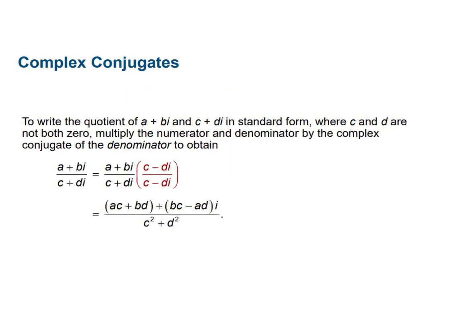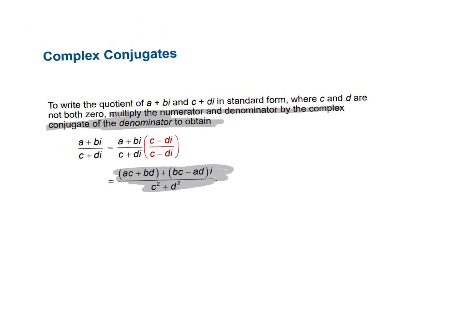So to write the quotient of a plus bi and c plus di in standard form, where c and d are both not 0, we multiply the numerator and denominator by the complex conjugate of the denominator to obtain this result. Now don't worry, we're going to naturally do this together anyways.